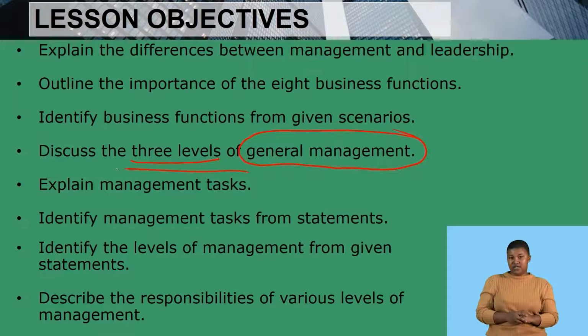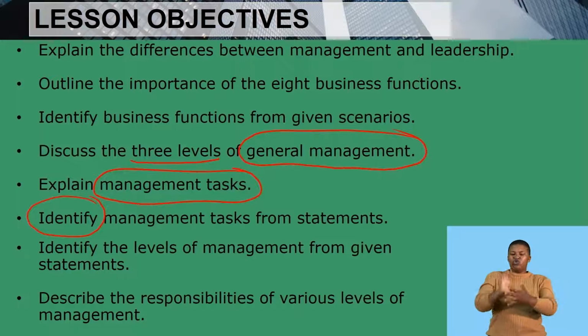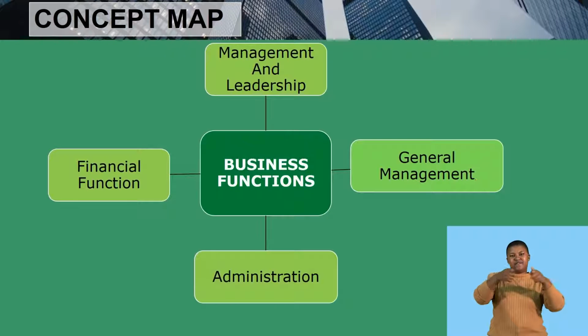We will also look at the management tasks. We will explain them as well as hopefully be able to identify them out of scenarios, as well as the levels. We must be able to identify the levels out of scenarios or statements, and then we will also look at the responsibilities of the various levels of management.